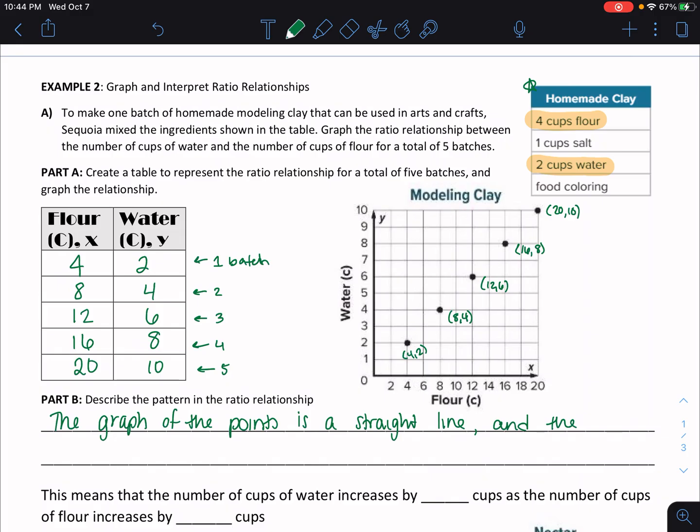And the relationship shows for every 4 cups of flour, there are 2 cups of water.